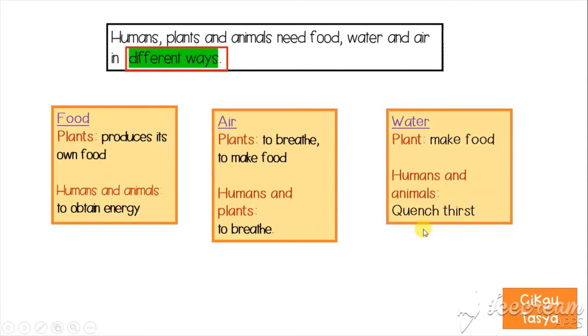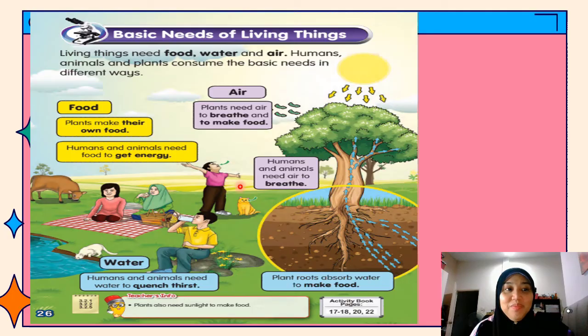So the similarities we see here are food, air, and water. For plants, they need them to make food because plants produce their own food, but for humans, animals, and plants it's different. Humans and animals need food to obtain energy. Humans, animals, and plants need air to breathe. Humans and animals need water to quench thirst. So I hope you understand. If you try to recap this video, I think you will understand it.